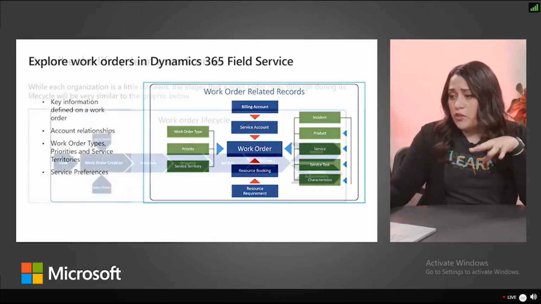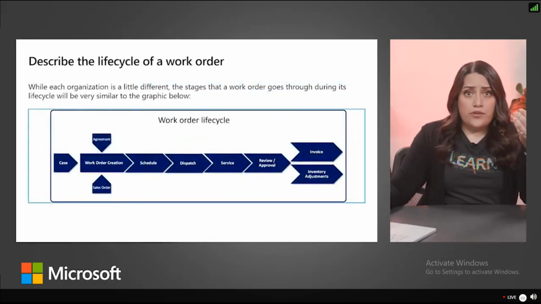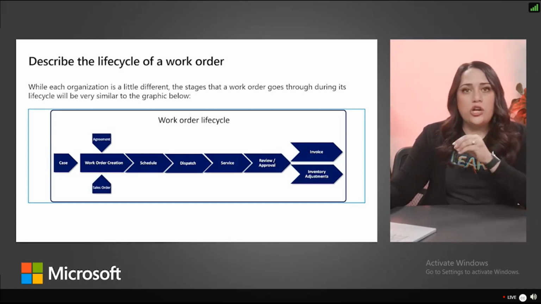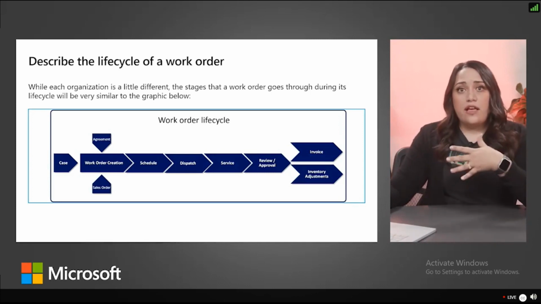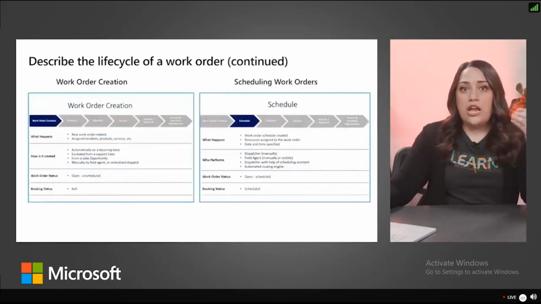And so as we look at each of the work orders, we're going to have what's called a status that's basically telling us the state of that work order in the moment. And so this lets us know where that work order is in that lifecycle process. And as it goes through the lifecycle, the status will change based on the work order record.